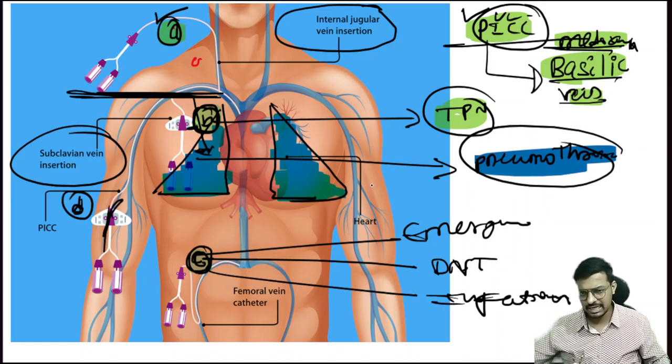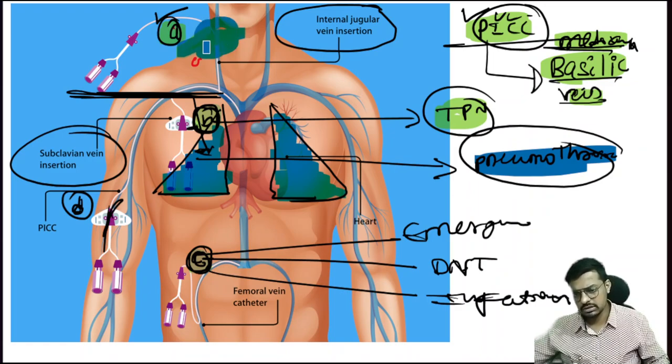Then we have discussed the Seldinger technique: first insert the guide wire, then insert the catheter. Again, in order to reduce infection, we have to clean the area where we are inserting the CVP line.